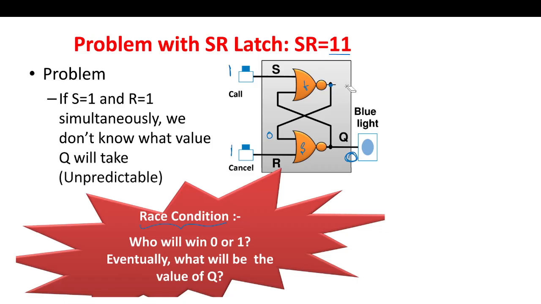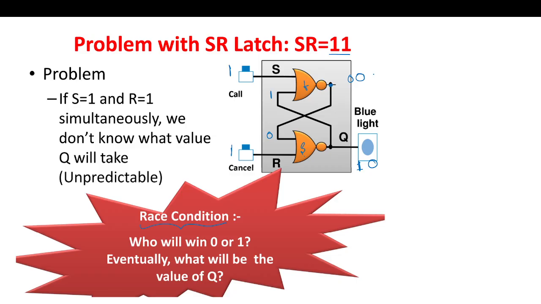Say here 0, previous value was say 1, and this gate is slower, so it has the previous value. So this 1 1 should give the value 0.